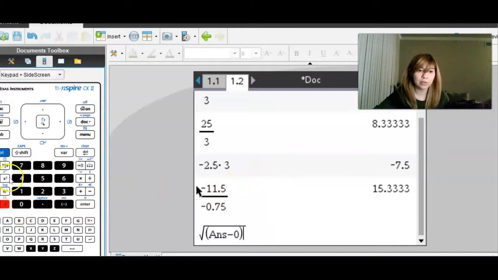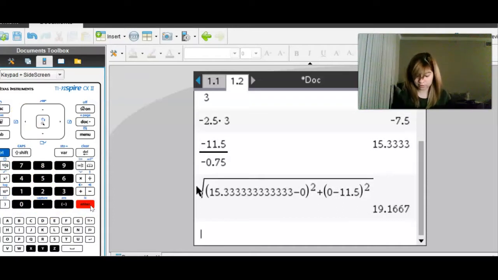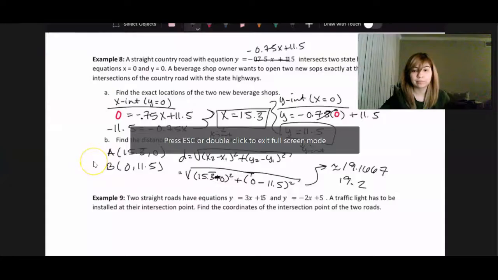I'll put it in just for the equation, but you really didn't have to. And then 0 minus, once again, this would just be negative 11.5. So that gives you about 19.167, which if we're rounding to the tenths is 19.2. Cool.